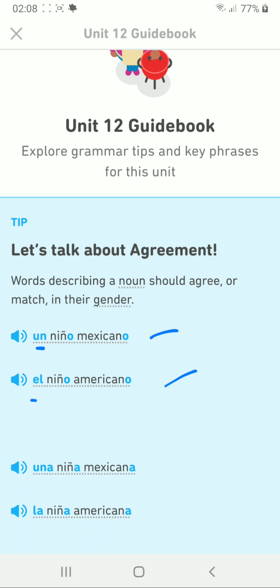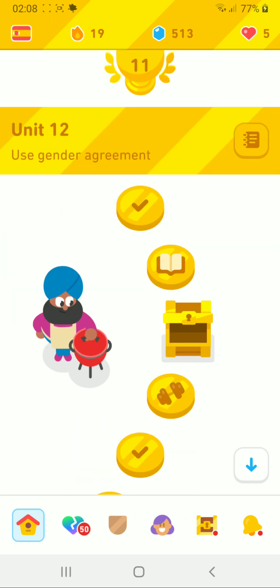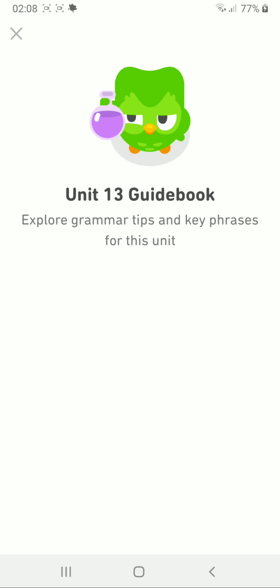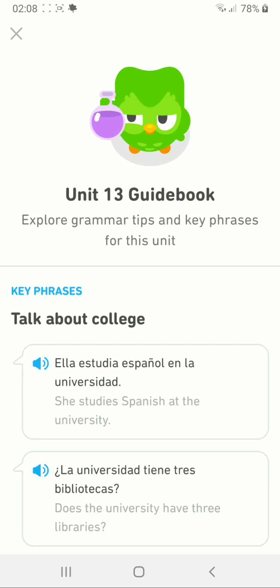But nonetheless, you didn't use la niño. La niño is not correct because it's masculine. So la would be for niña, and it would be americana. So we know this because here are the examples: una niña americana, mexicana, and so on. La niña americana. Now we have seen this. That's just a repetition. So we are moving forward. Not going to lose time on this. Very basic. And Unit 13.